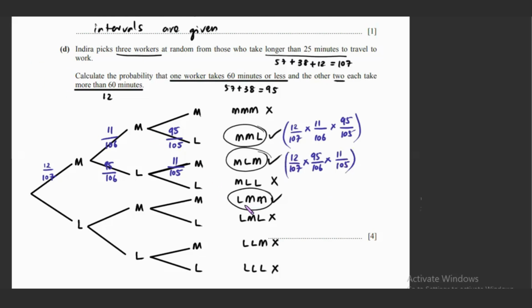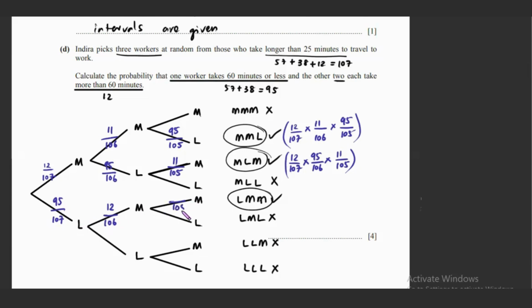And the next one that we have is LMM. So that's going to be those who take less than 60 minutes. So it's going to be 95 and it's going to be out of 107. Then it's going to be more than 60 minutes. So it will be out of 106 because one worker is already taken out. And we have 12 workers who take more than 60 minutes. It's going to be 12 out of 106. And next again, it's going to be M. So already two workers are picked.